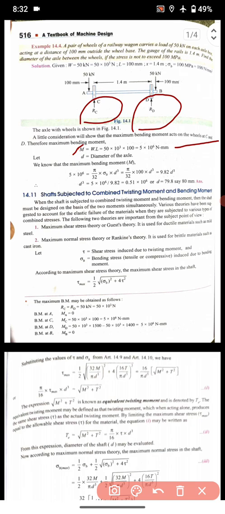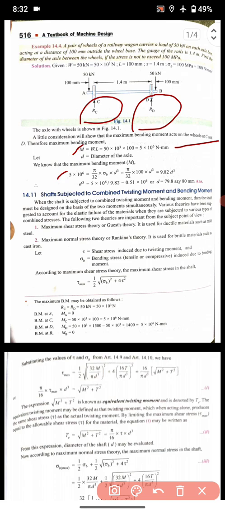Let D be the diameter of the axle. So we know that the maximum bending moment M is equal to pi by 32 sigma B into D cube.